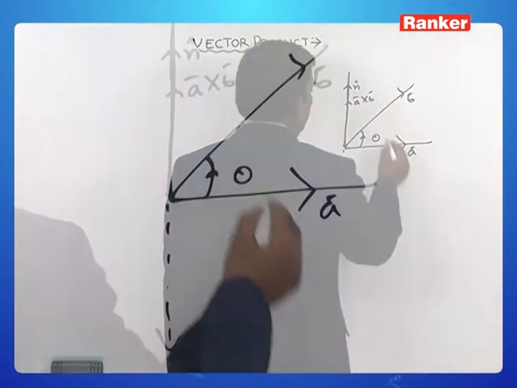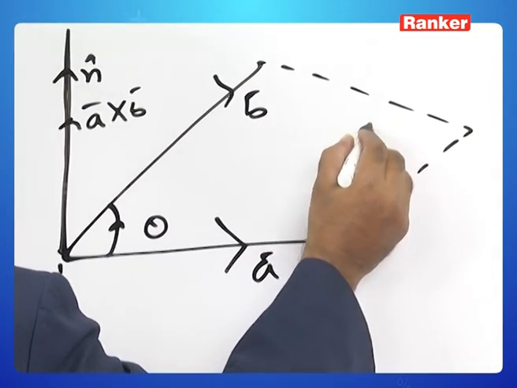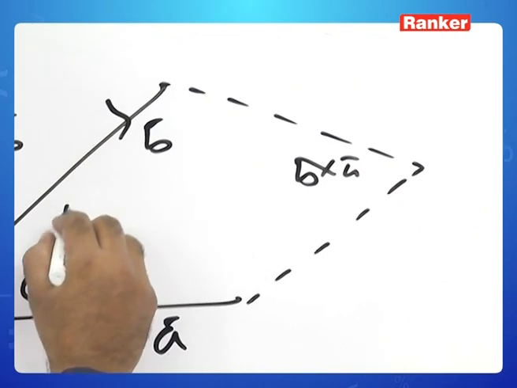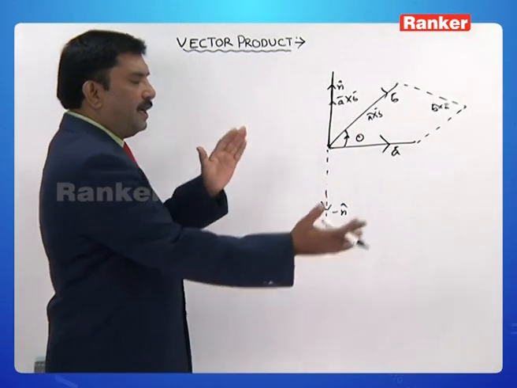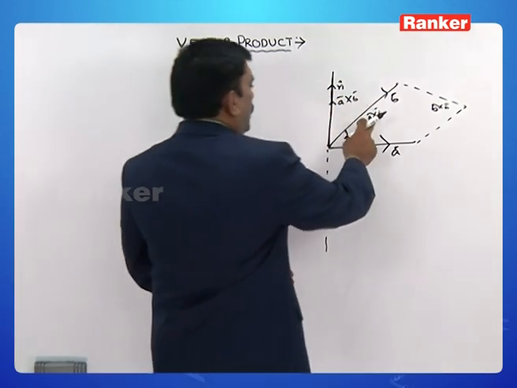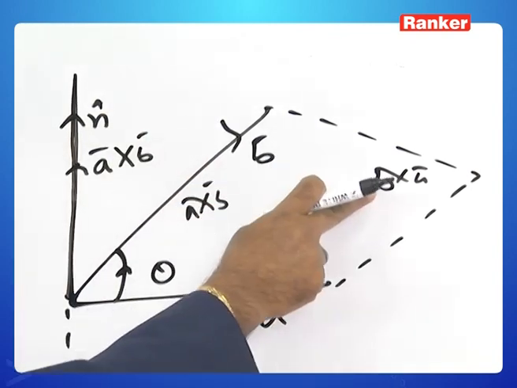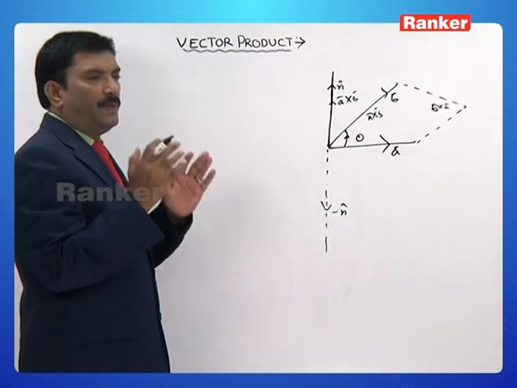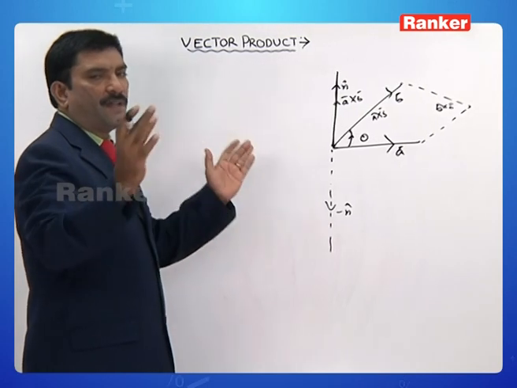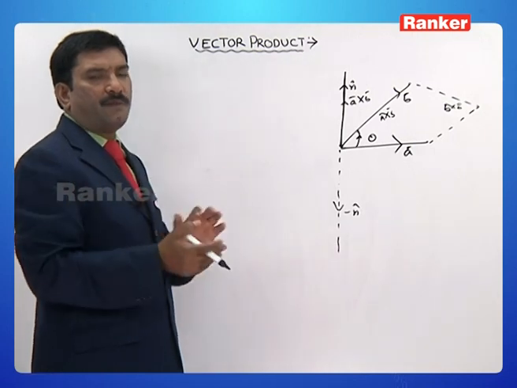So therefore, this is A cross B. I can also go like this, this is B cross A. Now, if you go in an anti-clockwise direction, A cross B is generated along n cap and B cross A is generated along minus n cap. A bar, B bar, n cap forms a right-handed system, and B bar, A bar, minus n cap forms a right-handed system.